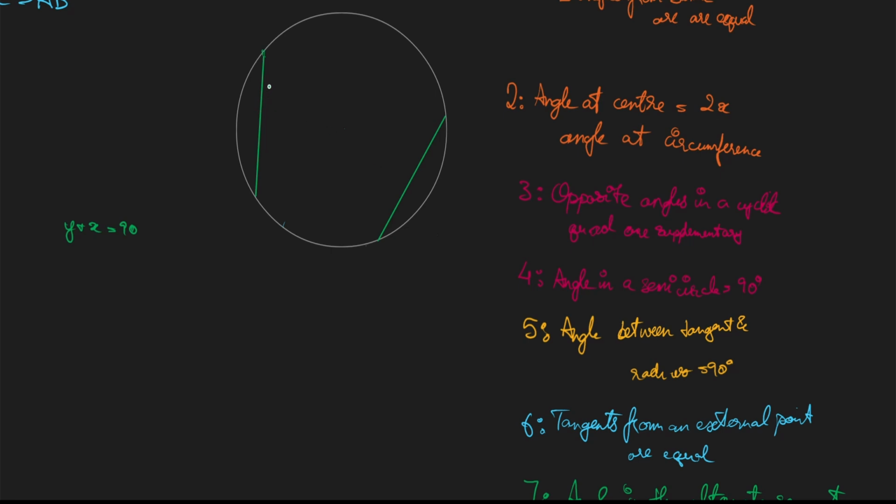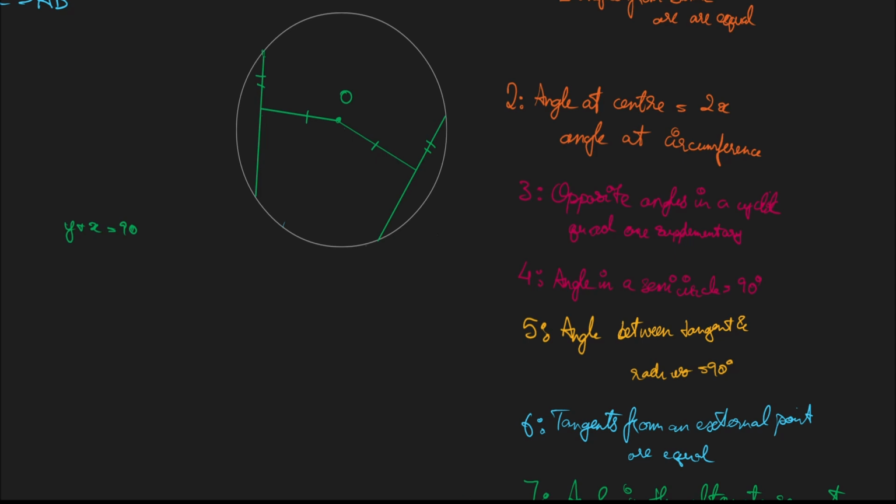So if there are two chords and they're equal in length, their perpendicular distances from the center, whatever the perpendicular distance that goes to the center, is also going to be equal, right? Fairly simple.